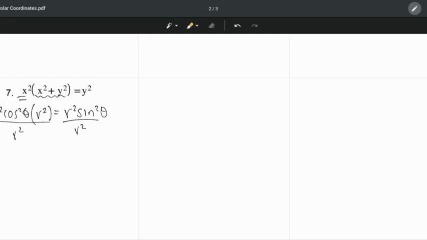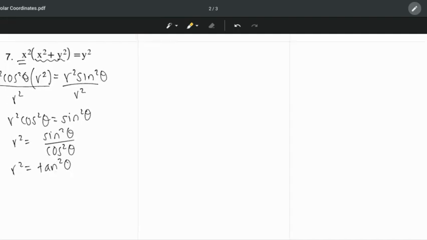then I'm left with r squared cosine squared equals sine squared. And to get my r by itself, I would divide both sides by cosine squared. So I have sine squared over cosine squared, which is like a tangent squared. So I have r squared equals tangent squared.